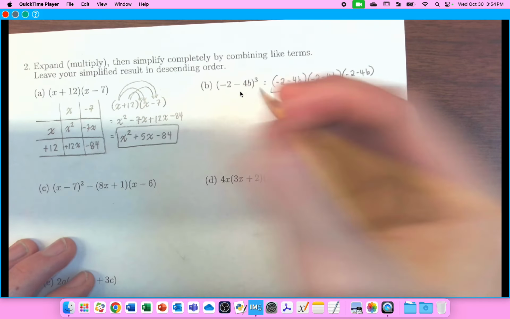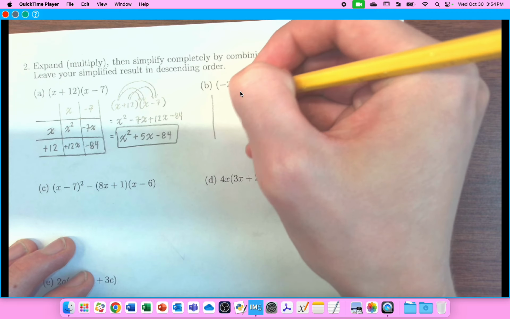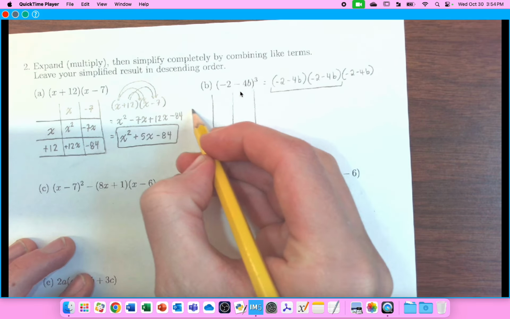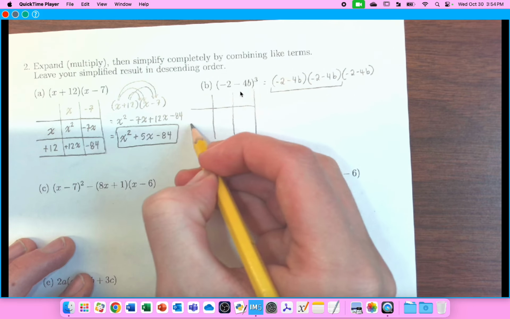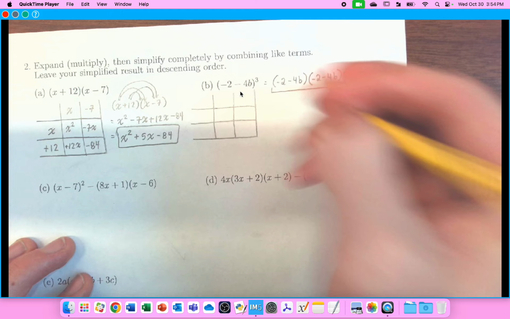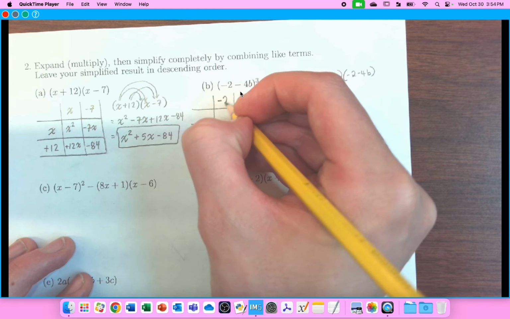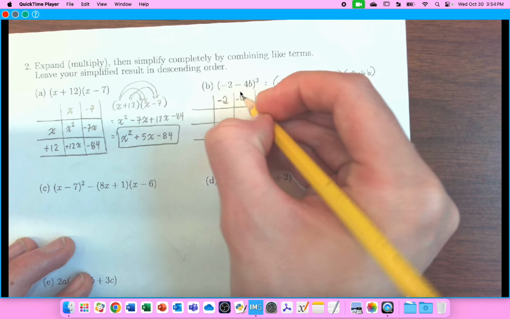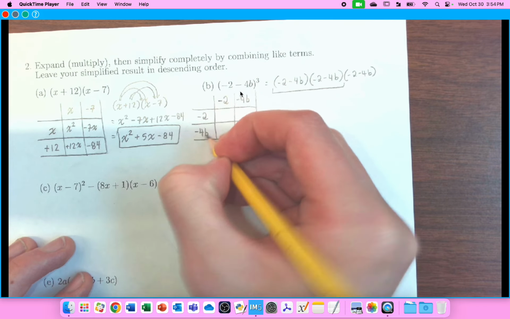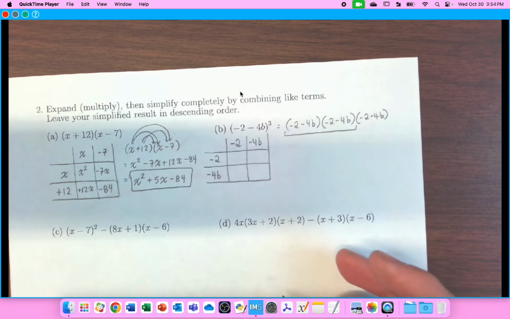So let's do this again with our little box, just because I think it's a good way of showing what's going on, and I think it may help some people, hopefully. It just feels a bit more organized.